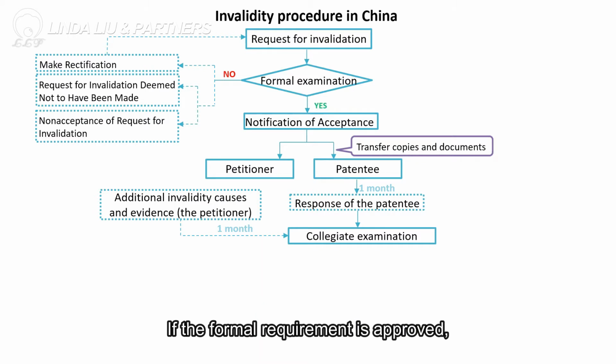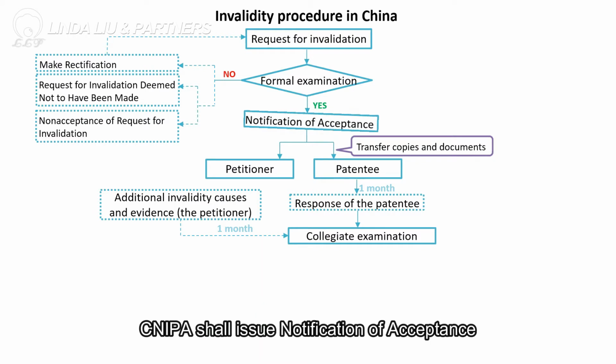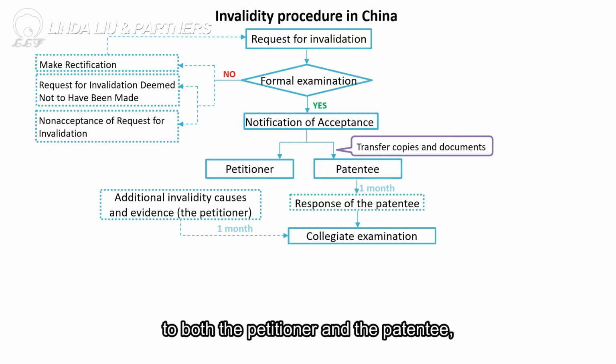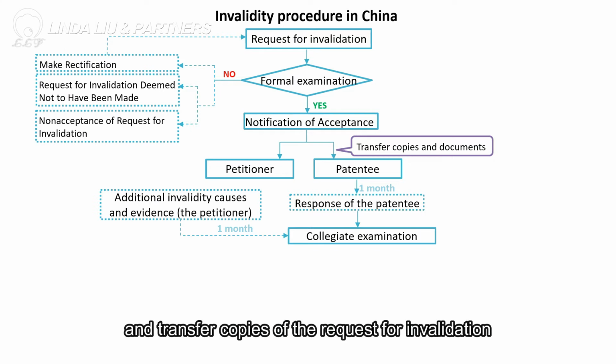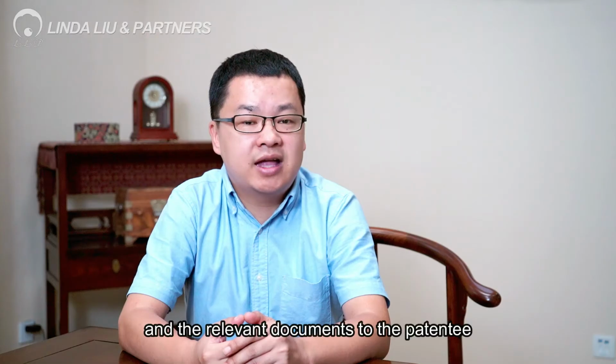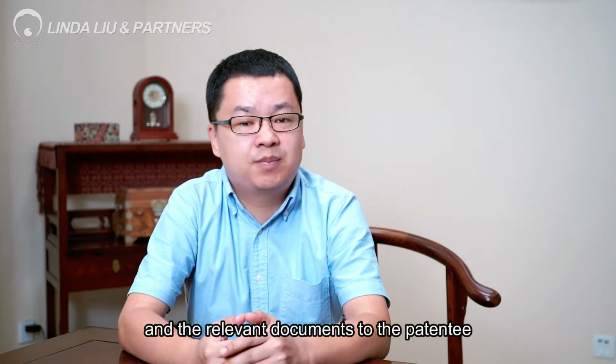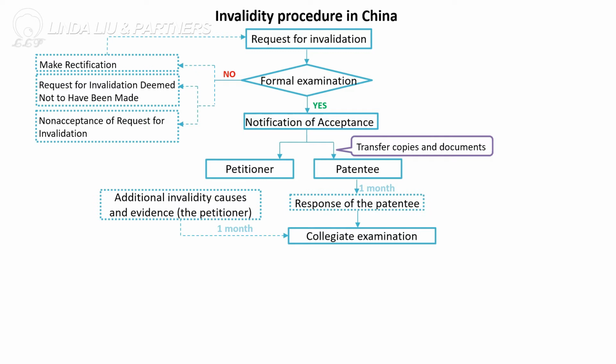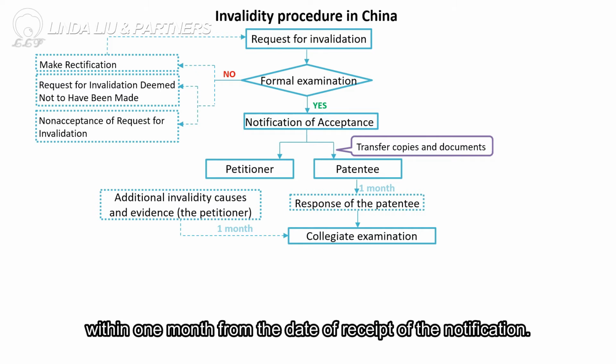If the formal requirement is approved, CNIPA shall issue a notification of acceptance to both the petitioner and the patentee, and transfer copies of the request for invalidation and the relevant documents to the patentee and invite him to make a response within 1 month from the date of receipt of the notification.